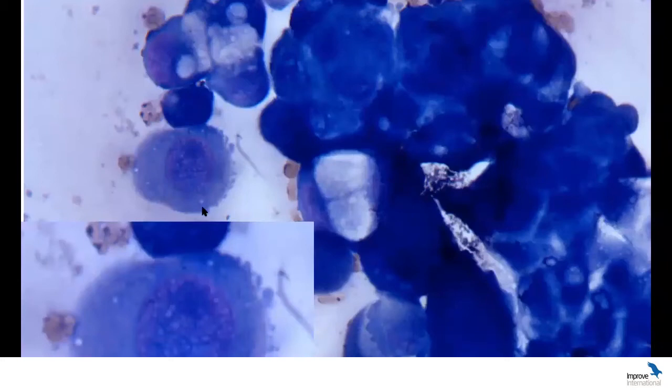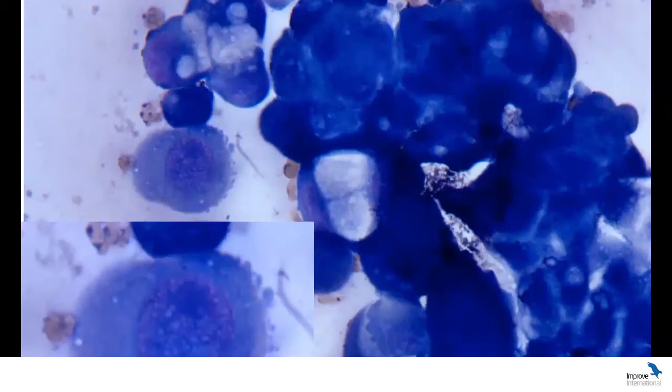And again, to point out the pleomorphism between these cells, which is a criterion for malignancy: cells with different sizes, different shapes, and different nuclear to cytoplasmic ratios. We have cells here that are very small and others that are very big. We have cells that have a lot of nucleus for a little bit of cytoplasm, and cells that have a lot more cytoplasm for the same size of nucleus as the other cell.